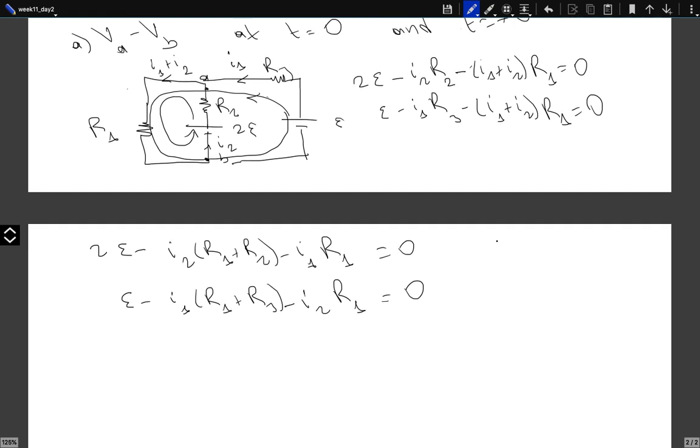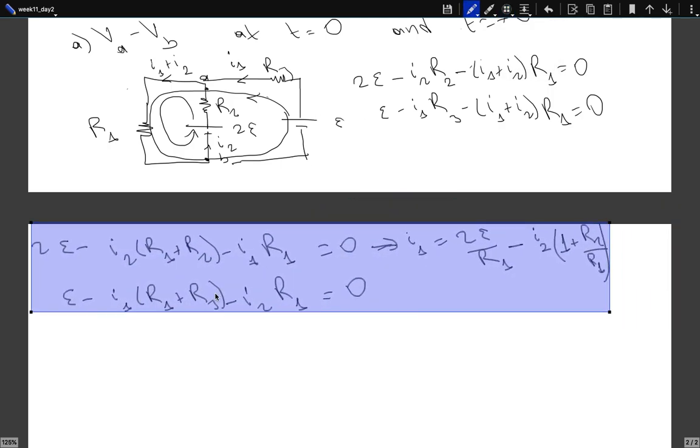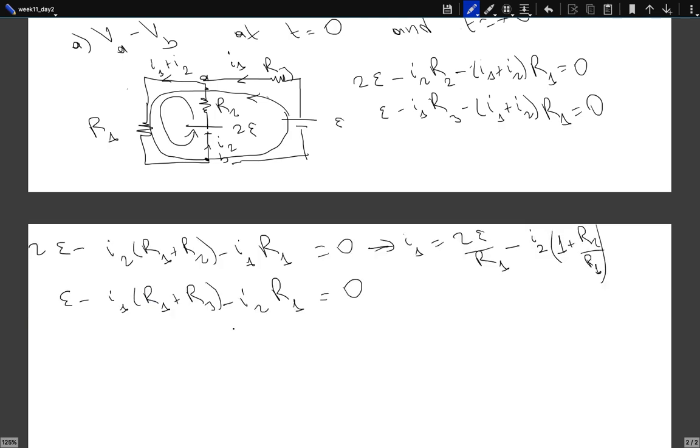Well, let's eliminate I1. The first equation tells me that I1 is 2 epsilon over R1 minus I2 times (1 plus R2 over R1). This is my first equation.